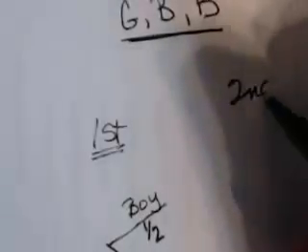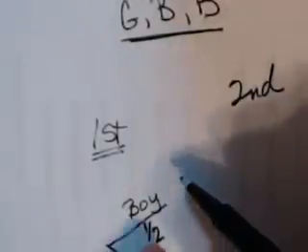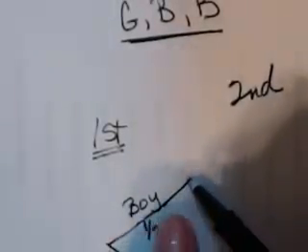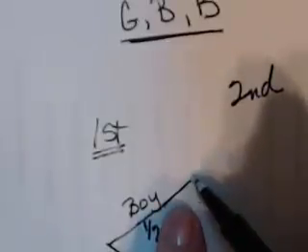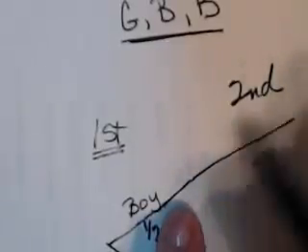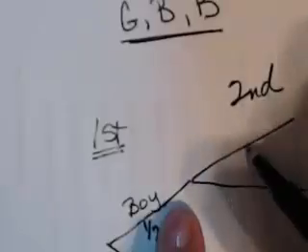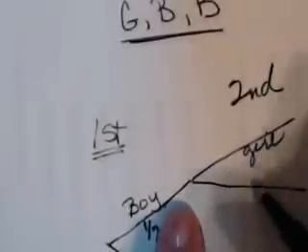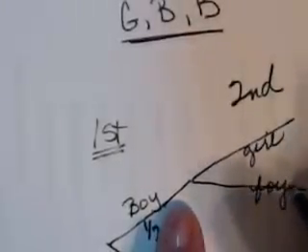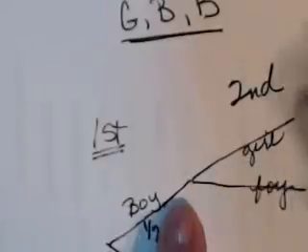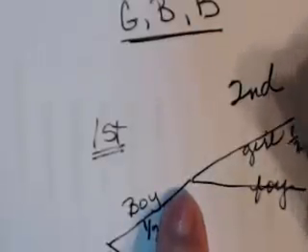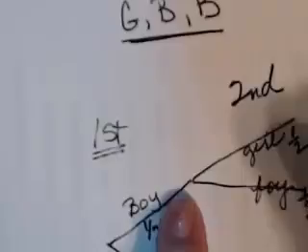Then for the second child, if the first child is a boy, the second child could be a girl or a boy. And the probability is 1/2 for the girl and 1/2 for the boy.